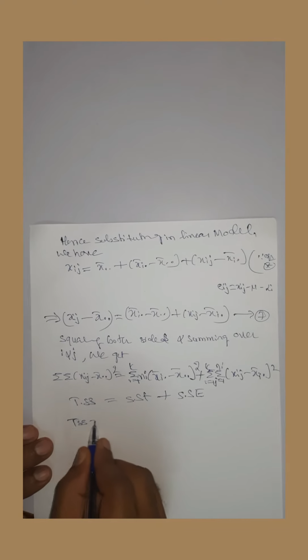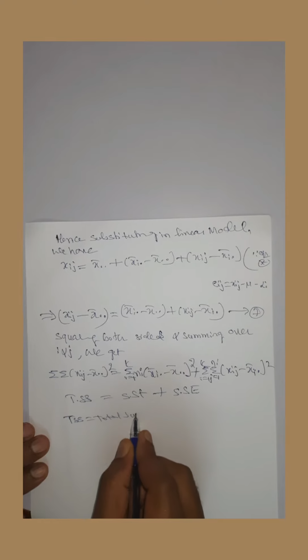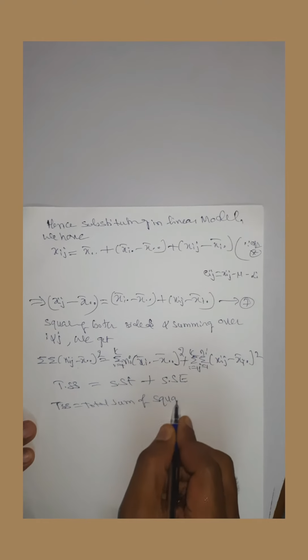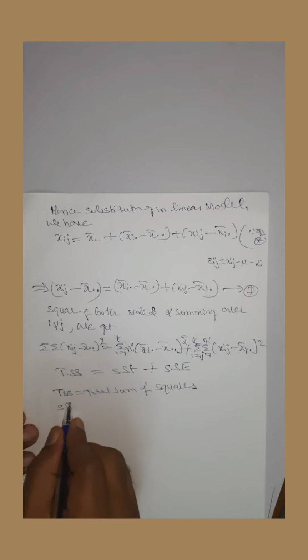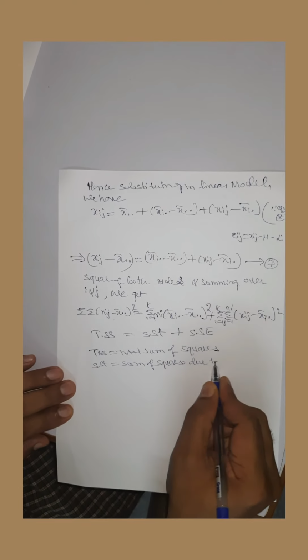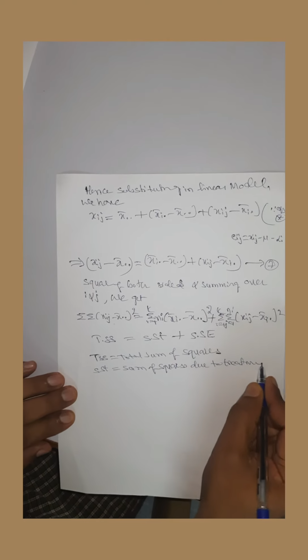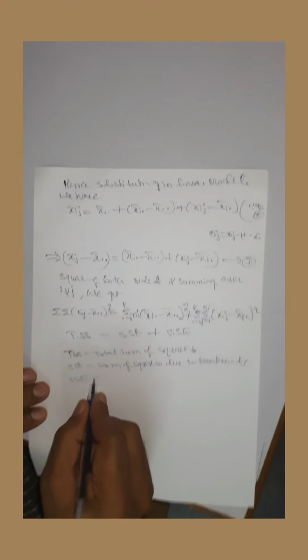What is TSS? TSS is equal to total sum of squares. SST is equal to sum of squares due to treatments. SSE is equal to sum of squares due to error. And what is TSS?